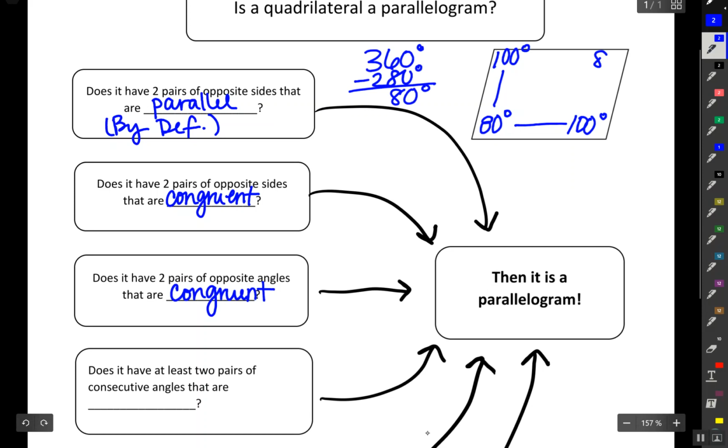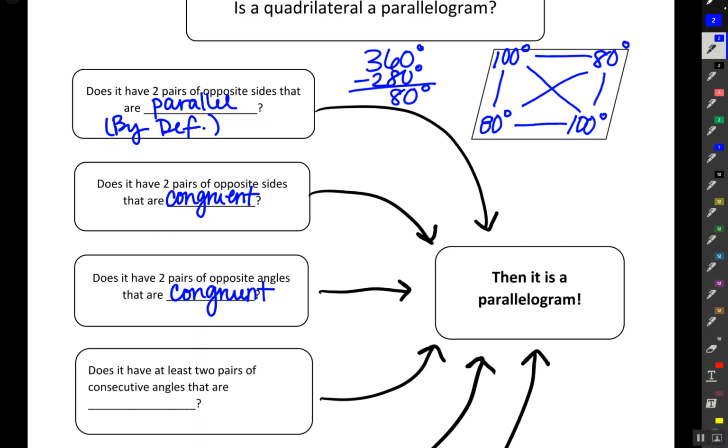We get that this is 80. And so we get all pairs are supplementary. You can also see that opposite angles are congruent, as in the last one. So to test, you need at least two pairs of consecutive angles that are supplementary, which means they add up to 180.